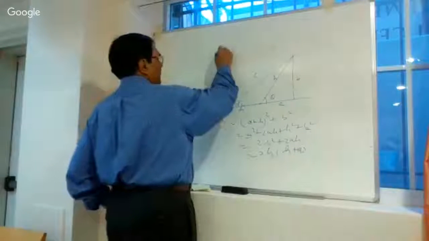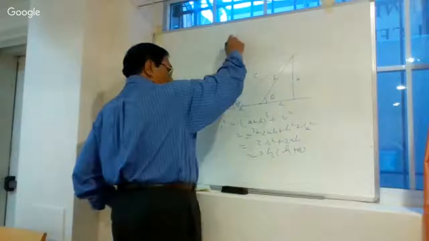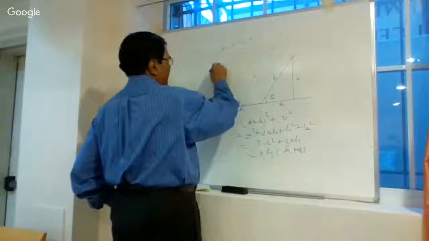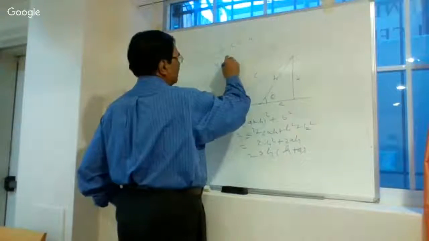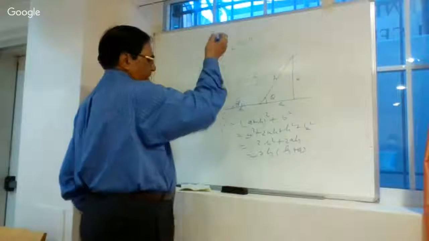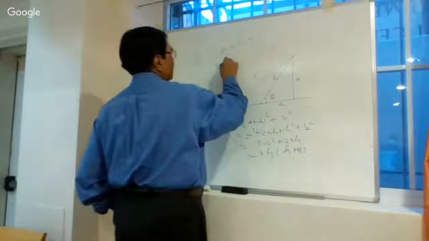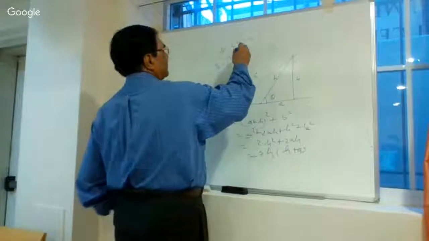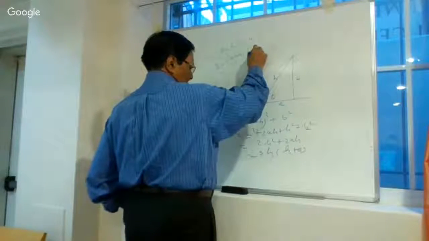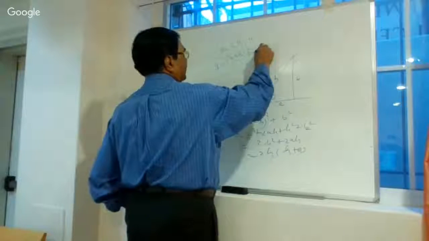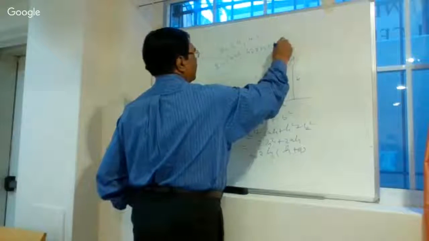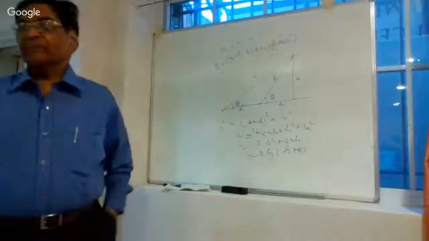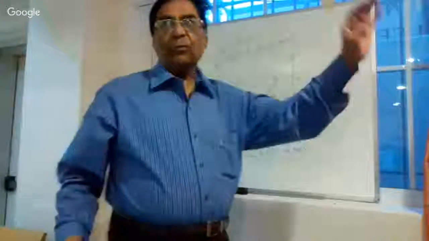And so, if theta is equal to the angle ABC, then theta by 2 will be equal to A plus H, this is B, over 2H into H. And similarly we can go forward.